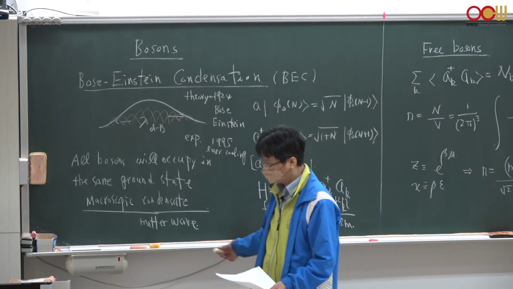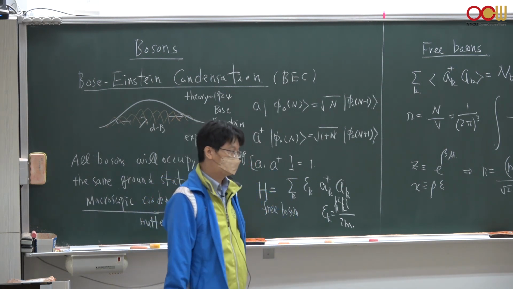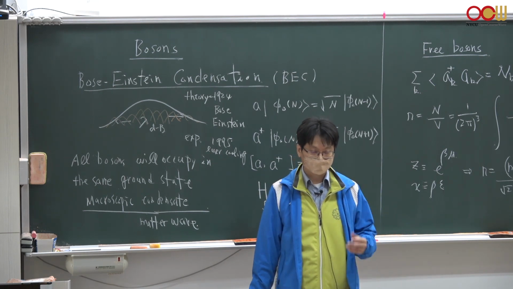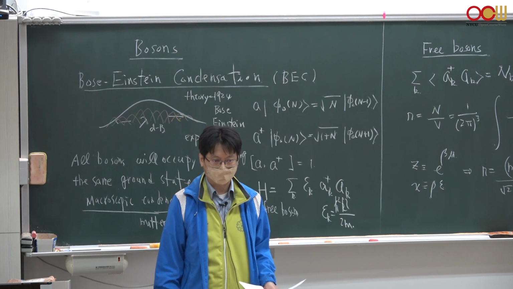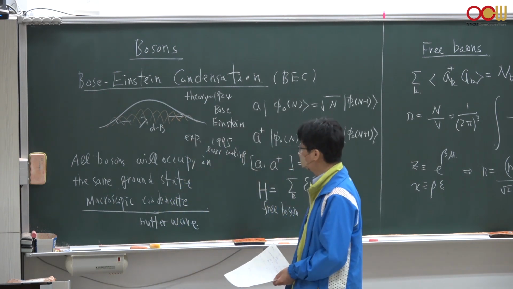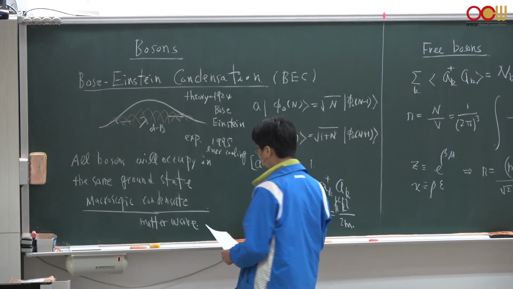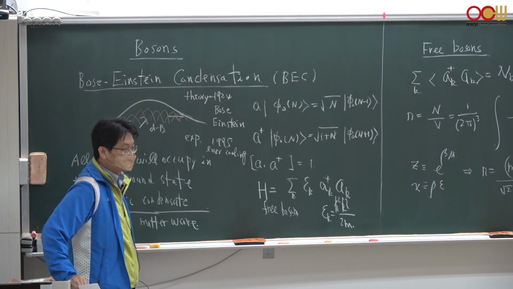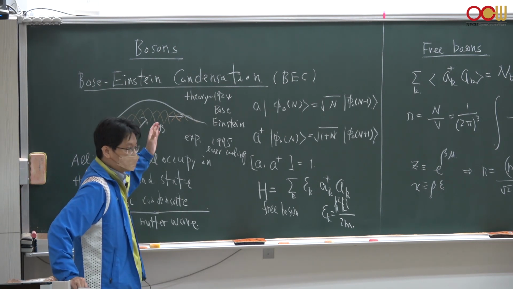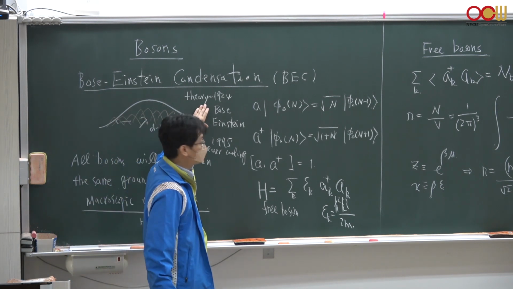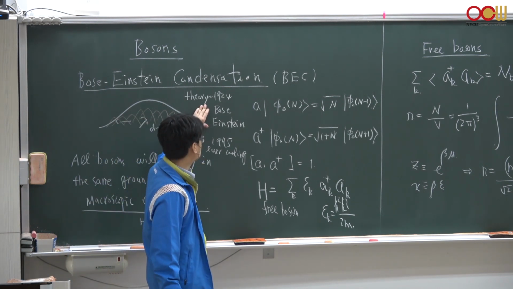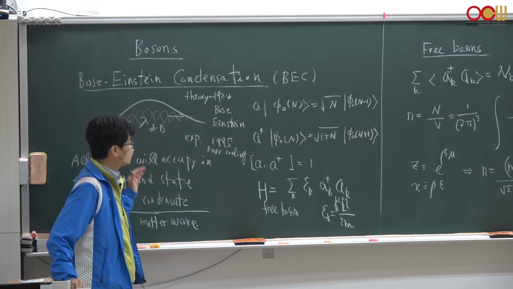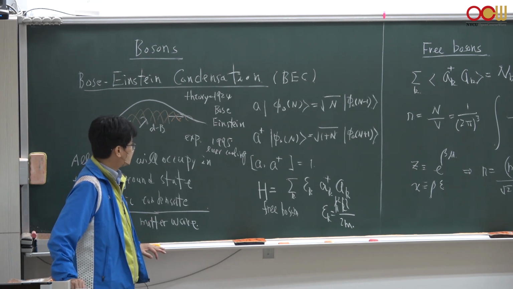So let's start a new chapter, which is about bosonic systems. Before we study bosons in solids, let's review the basic phenomena of free bosons, namely the Bose-Einstein condensation phenomenon, or BEC. This physics was predicted in the early 20th century, in the 1920s, by Bose and Einstein. That's why we call it Bose-Einstein condensation.